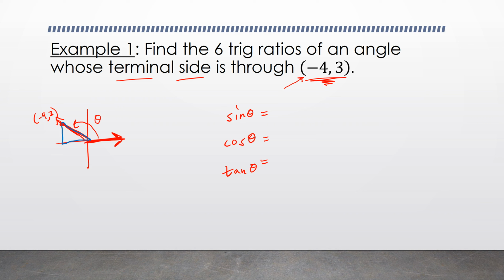Now this is a little weird, but notice what I've done. Here's a right angle. Do I know how long these sides are? Yes. I went over -4 and I went up 3, and if I use the Pythagorean theorem, 3 squared plus -4 squared equals c squared, I can find out that this other hypotenuse side happens to be 5. So this is a right triangle.